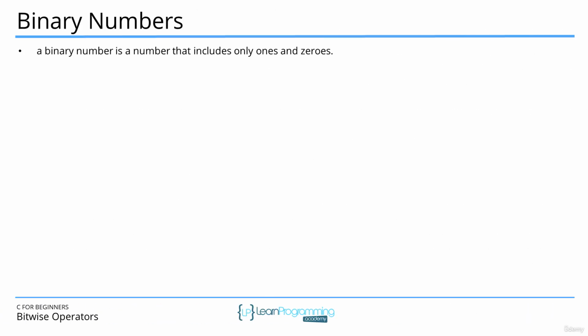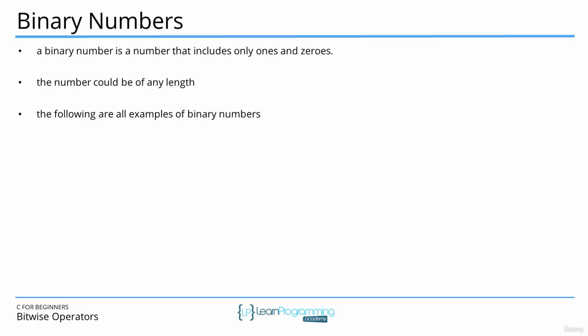Now that we know how we can use bits to store a lot of different data, let's talk about binary numbers. We know that a binary number is just a number that includes 1s and 0s, and that's why it's advantageous to use bit operators on an integer. The number can be of any length. The following are examples of binary numbers, just 0s and 1s: 0, 1, 0, 1, 0, 1, 1, 0, 1, 0, 1, 0.